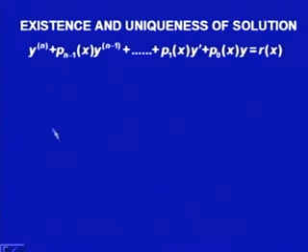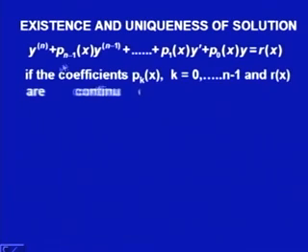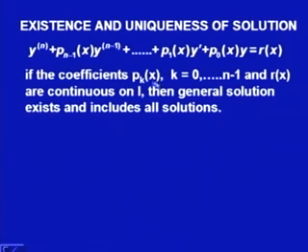If I have a non-homogeneous linear differential equation of the form y^(n) + p_{n-1}(x) y^(n-1) and so on + p_1(x) y' + p_0(x) y = r(x), where the coefficients p_k(x), that is p_{n-1}(x) and so on, and the right hand side r(x) are continuous on some interval I, then the general solution exists and includes all solutions.